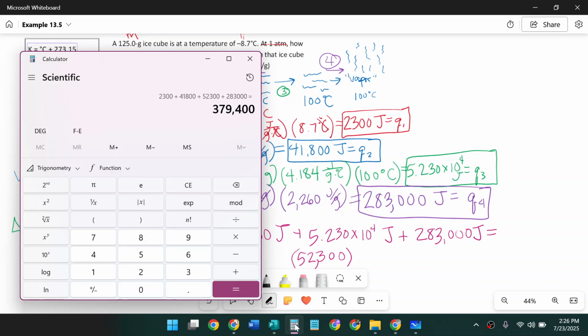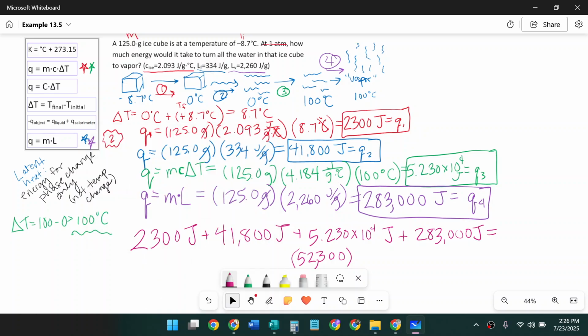Before we write this down, we're adding things, so these all have to have, it's underlined, this one is the hundreds place, this one is the hundreds place, this one is this 0, which is the tens place, and this one is the thousands place. Because we're adding, we care about place value, not the number of significant digits, and we need to go with the least precise. Between tens, hundreds, and thousands, thousands is the least precise, so that's what we have to round it to.